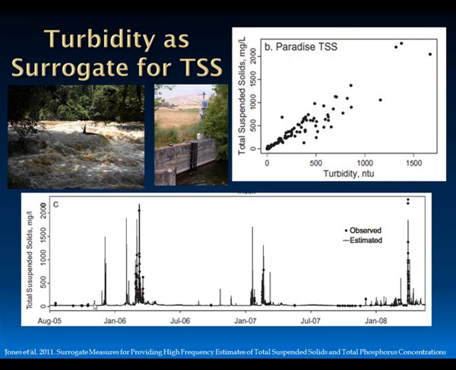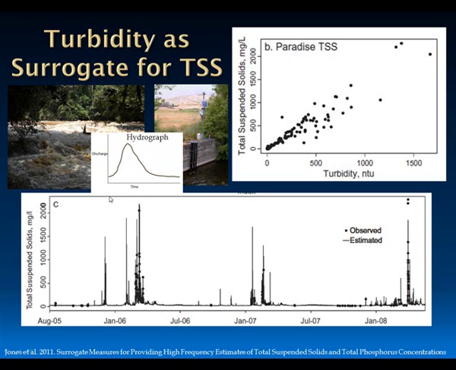And this is a really interesting graphic if we look at the dots representing the observed values and the line representing the estimated values. And so we expect to see, this is a snowmelt hydrograph, so in March each year the discharge goes up, and we see every year these recurring high sediment loads in the spring that we'd expect because of what we described before of seeing highest sediment at highest flows.